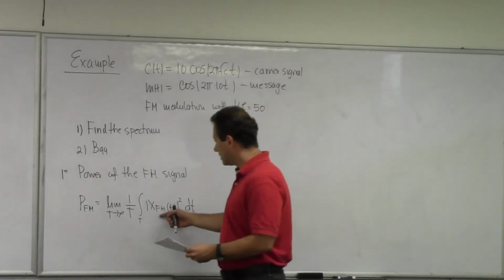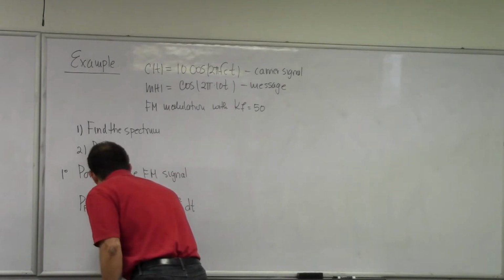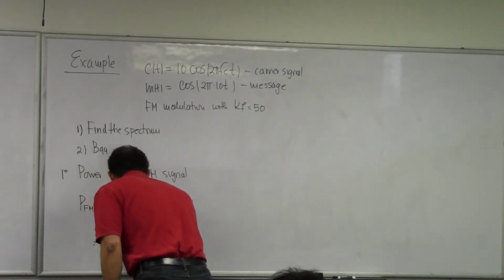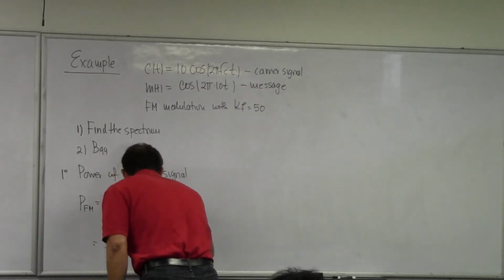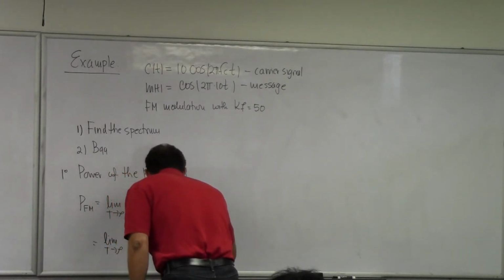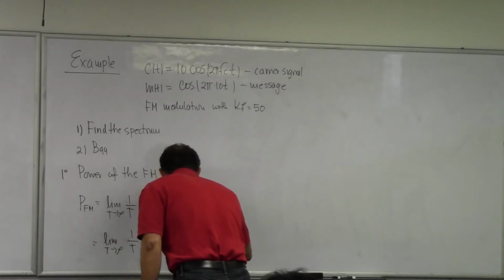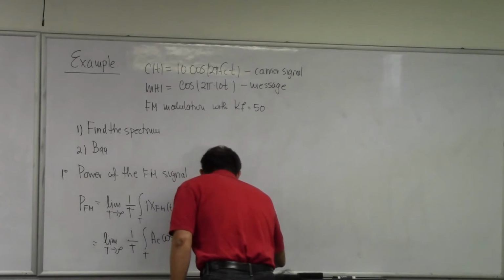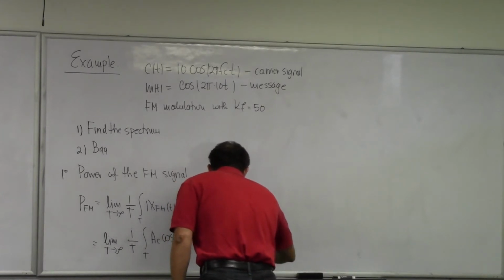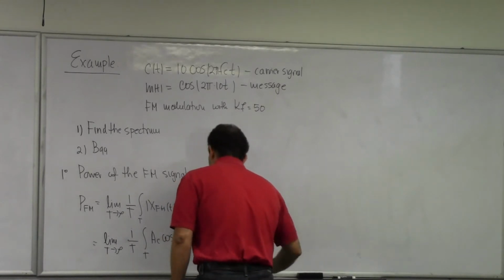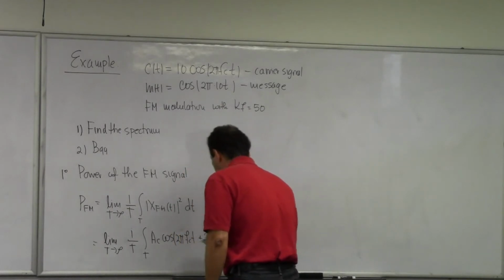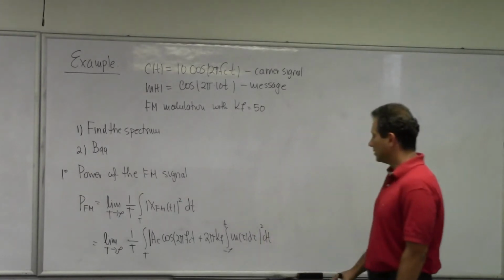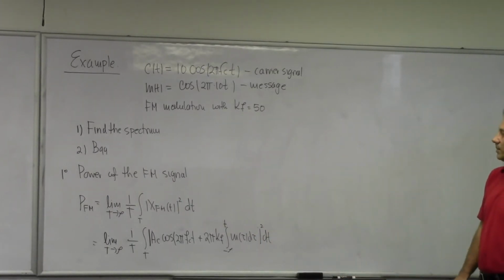So when I substitute the general expression for x FM, I get the limit when t goes to infinity, 1 over t, integral over t, Ac cosine 2 pi fc t plus 2 pi kf, integral from minus infinity to t, m of tau d tau. And I have to take the magnitude of all of this, square it, and then dt. So that's an expression for power.